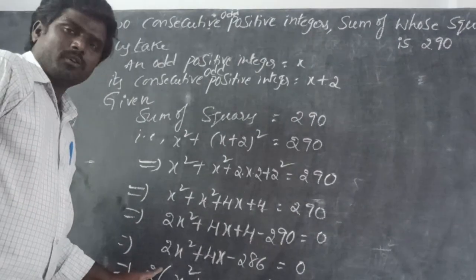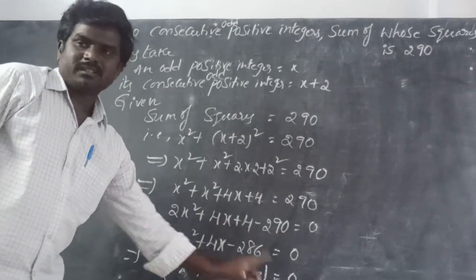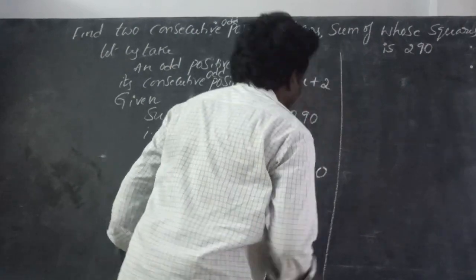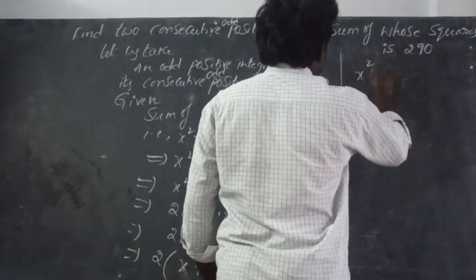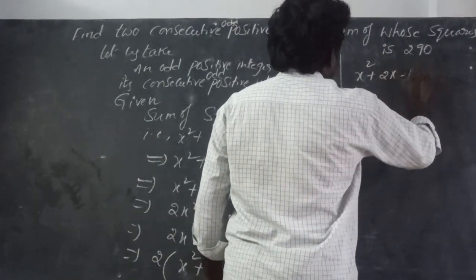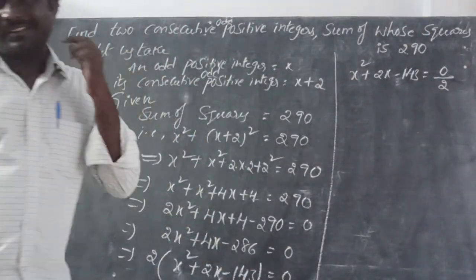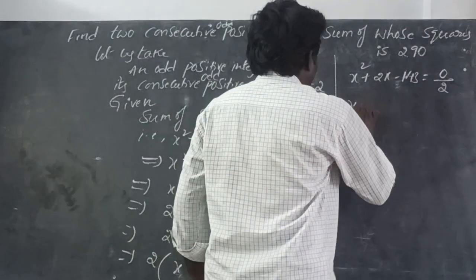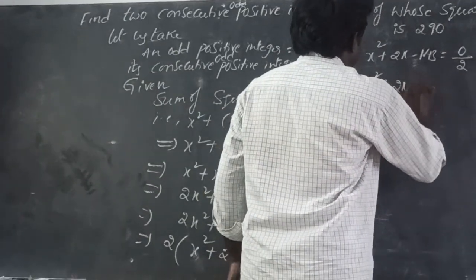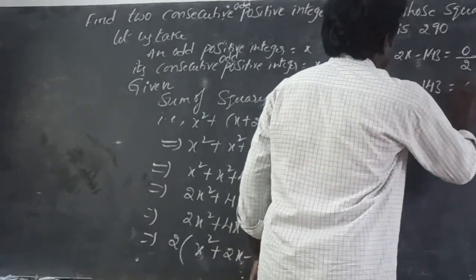This 2 goes across and divides, and 0 divided by anything is 0. So x square plus 2x minus 143 is equal to 0.